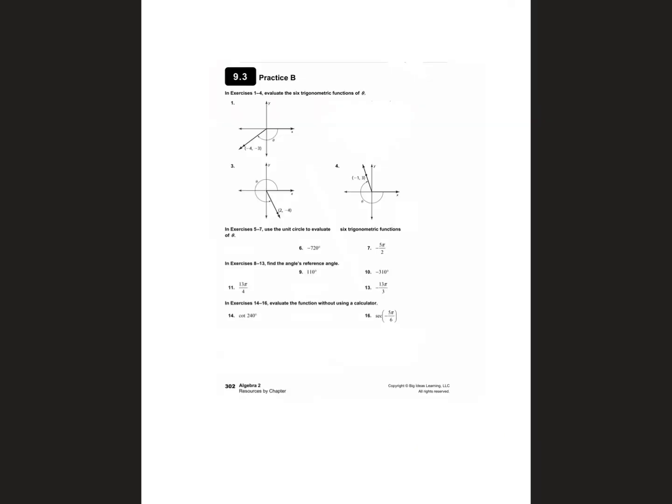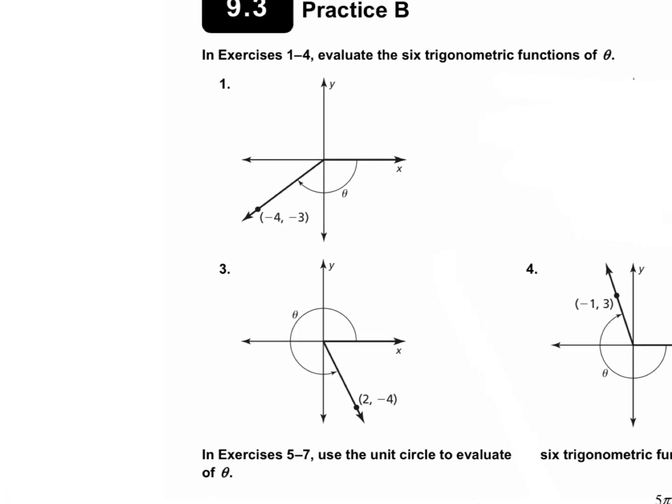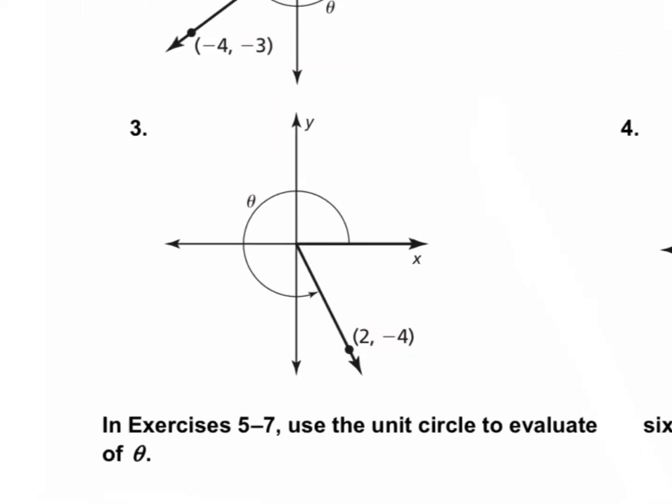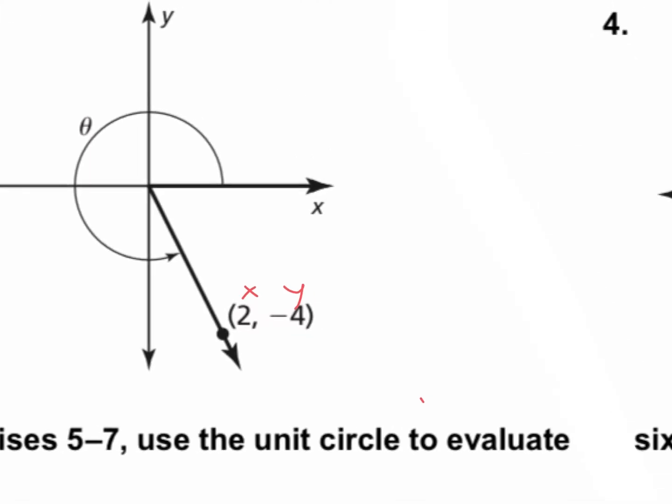So let's take a look at number 3. We need to evaluate the 6 trig functions of theta. So it gives us our point here. 2 is our x. -4 is going to be our y. We need to find r. How do we find r? Pythagorean Theorem.